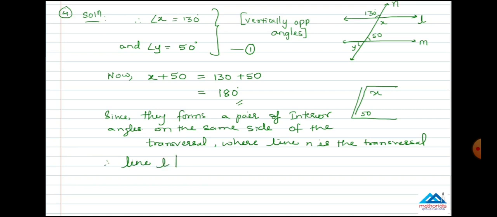So therefore line L is parallel to line M. यही हमको प्रूव करना था. ये हमने कन्वर्स से प्रूव किया. तो we will write by the interior angle test. By the interior angle test. So here our fourth question is completed.